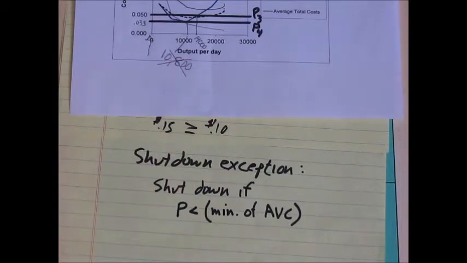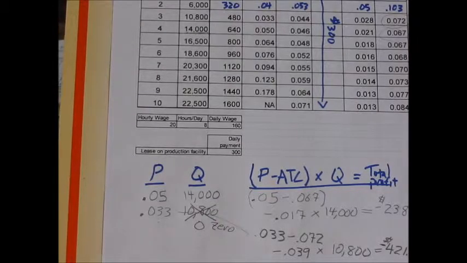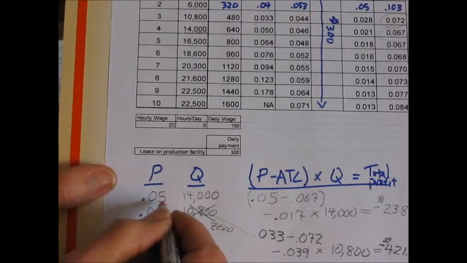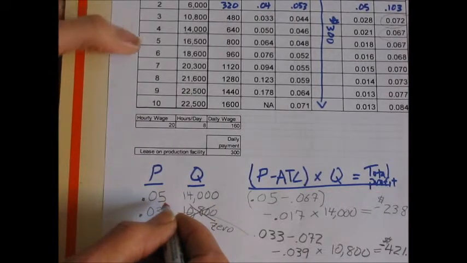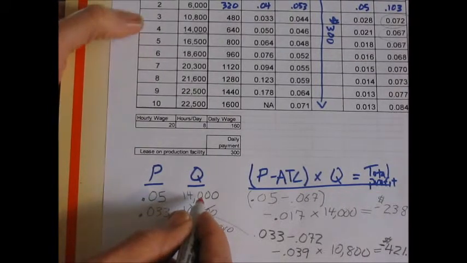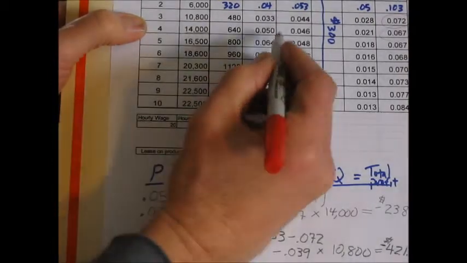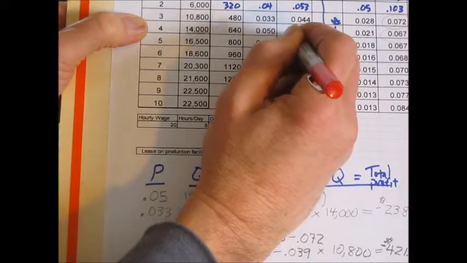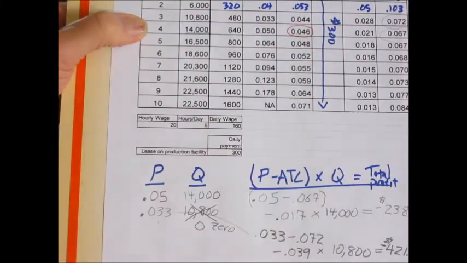10,800 bottles. So let's think about the intuition of the shutdown exception, and let's just review our decision at a price of 5 cents. And let's think about average variable cost in that setting. When the price was 5 cents, we produced 14,000. Here's our marginal cost, and here's our average variable cost.